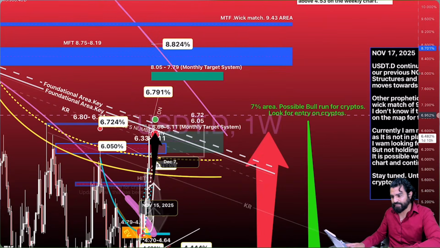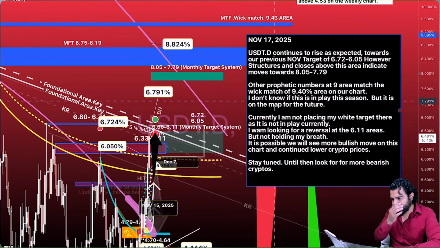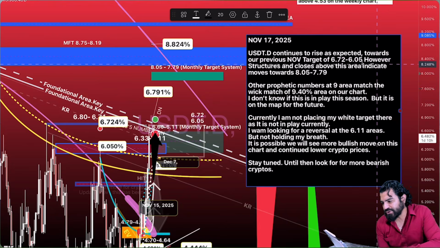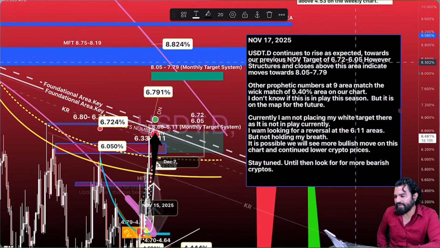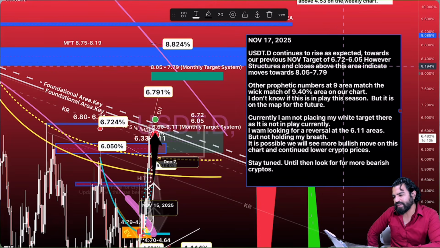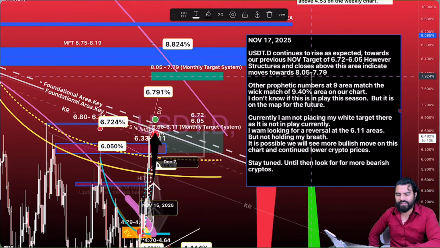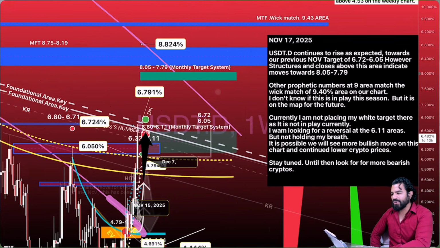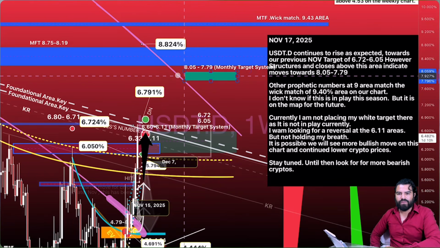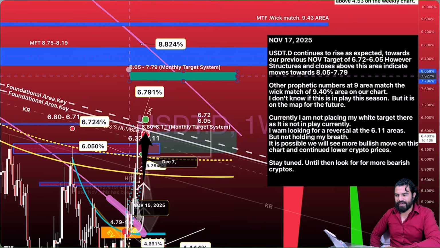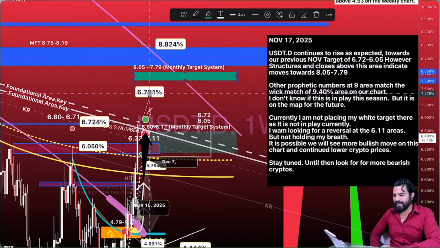Okay, so here's our original parabolic. Let's continue reading. November 17th, USDT continues to rise as expected towards our November target of 6.72, 6.05. However, structures indicate closes above this area indicate a move towards 8.05 and 7.79. So closer now, our 7 number, which we do have some prophetic information on from our community and others, primarily Triple J. She's seen that number 7 in our community, and it matches up with our chart.